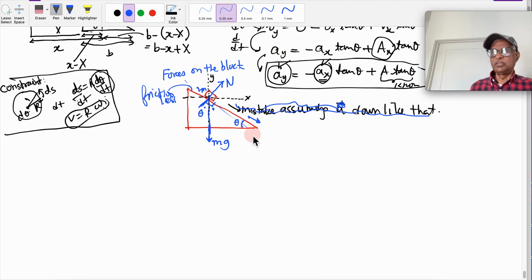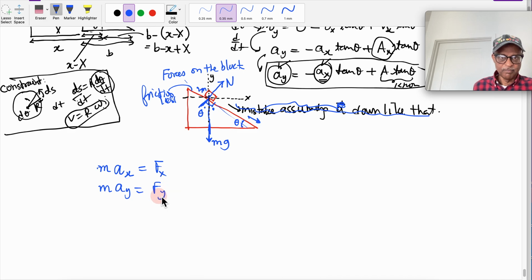So when you work it out, it's going to be down the wedge, but the wedge is going to be at a different place. Having said that, let's do it out. So I've got max is going to be fx, and may is going to be fy.